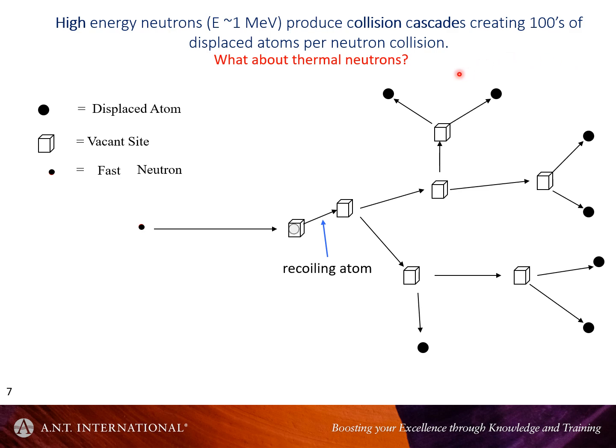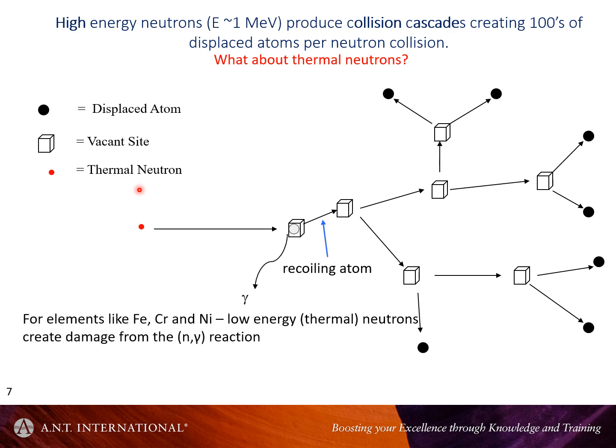So what about thermal neutrons? If we have, instead of a fast neutron, a thermal neutron, what happens? Well, a thermal neutron has very low energy, insufficient to cause any displacements by direct collision. When you have a thermal neutron floating around, it might be absorbed by an atom, and when the atom absorbs a thermal neutron, various reactions can occur.